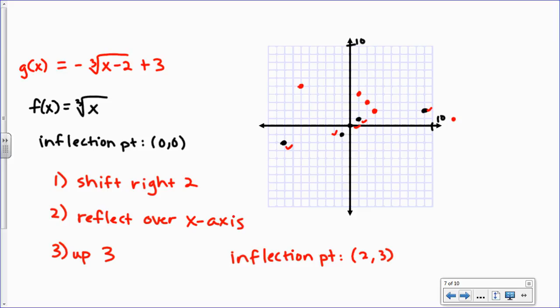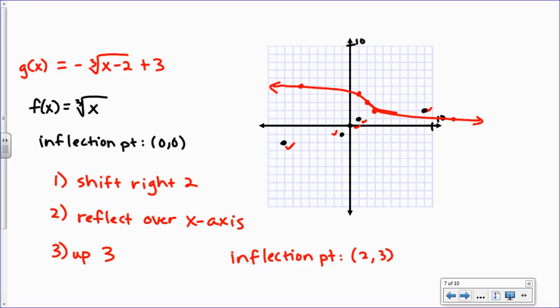So when you're done, it should still look like a cube root, and it should look like you did these operations: right 2, up 3, and you reflected over the X.